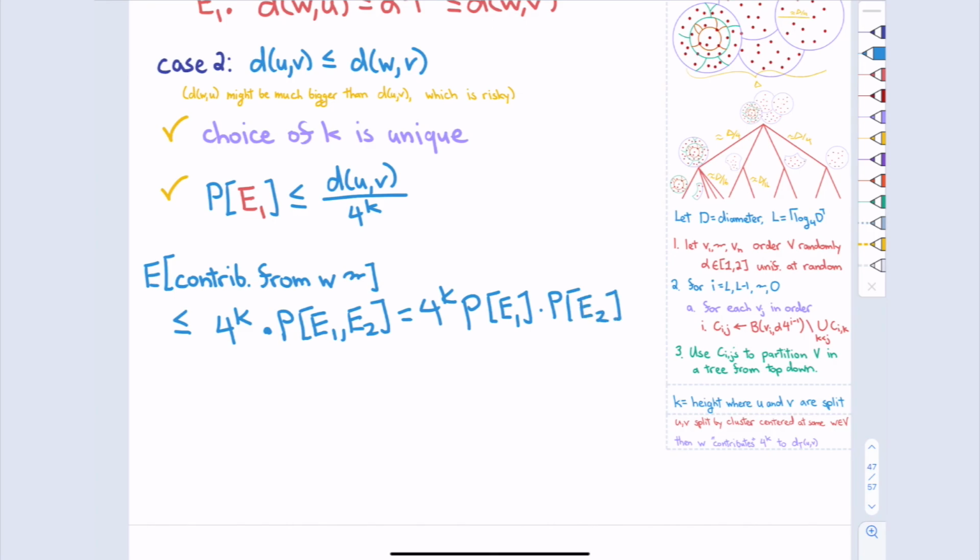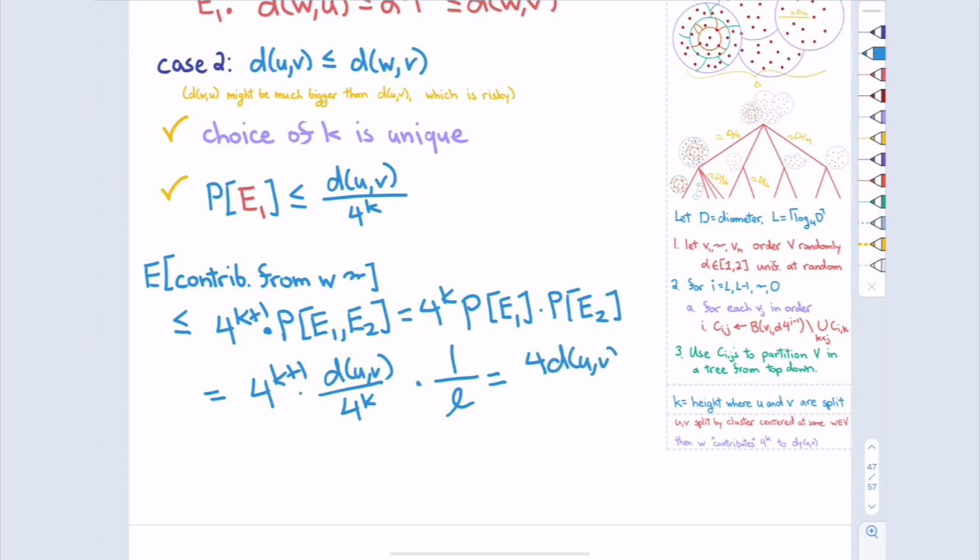For E1, we got distance UV divided by 4 to the k, and then we got 1 over L for E2. Possibly this should have been k plus 1, I don't really remember. Everything cancels out nicely: 4 times the distance between them divided by L, like we wanted.